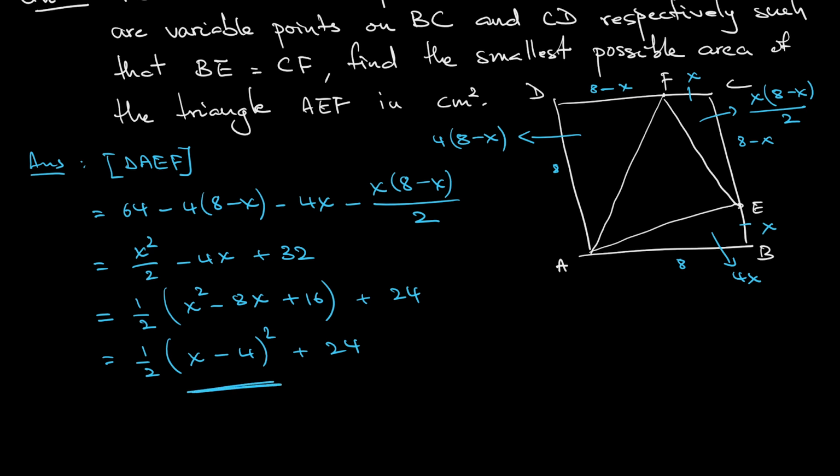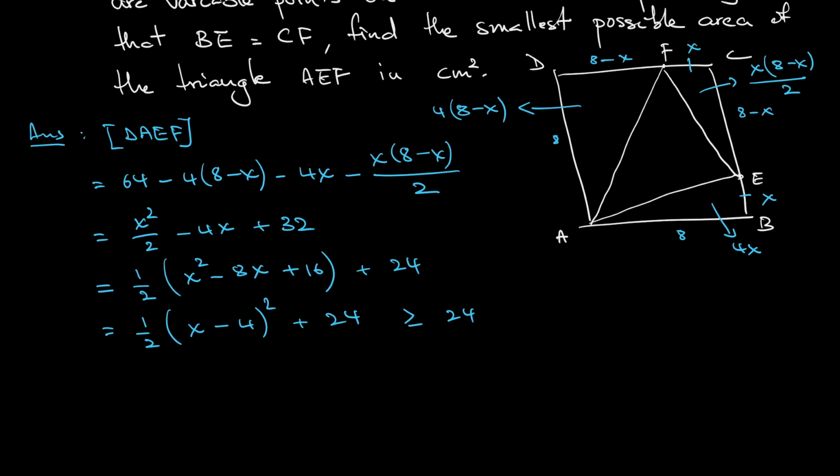This square expression is non-negative, it's always greater than or equal to 0. Multiplied by half, it's still greater than or equal to 0. Plus 24, so that is greater than or equal to 24. So that means the minimum area is 24. And I need to check, is it possible?